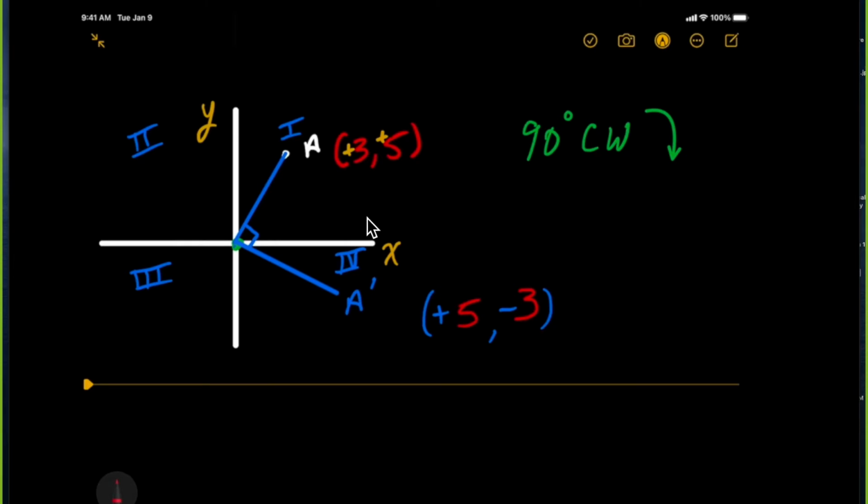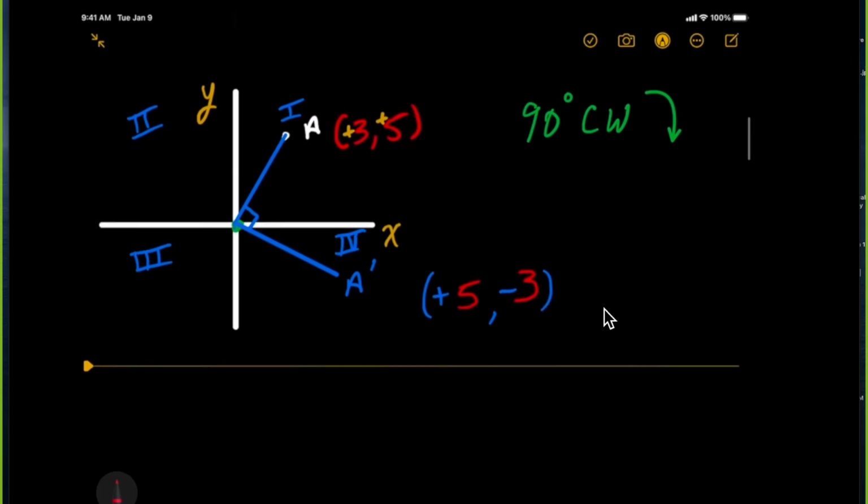In other words, these are switched, and that is your final point. And then you would proceed to do the same thing for points B and C, and eventually you would create your triangle.